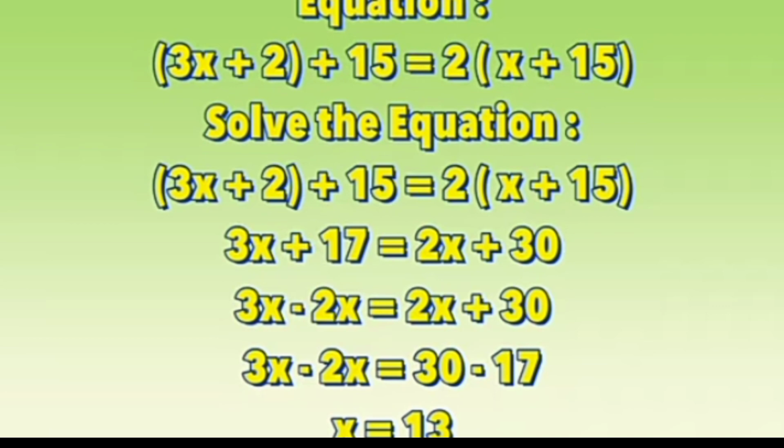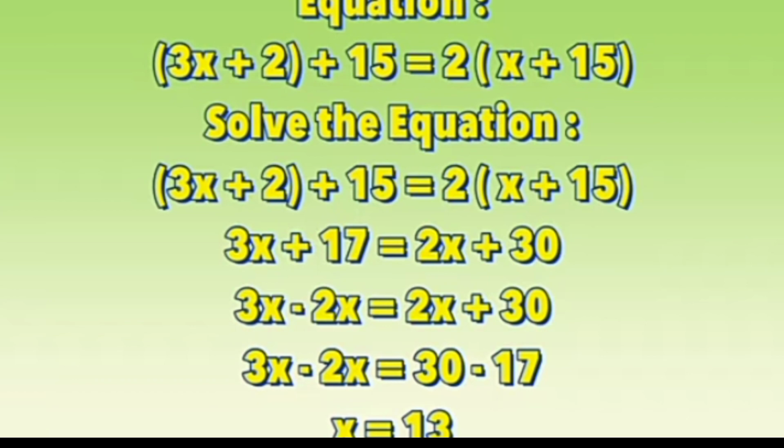After that, we're going to solve the equation. Our equation is 3X plus 2 plus 15 equals 2 times (X plus 15). Then we're going to simplify: 2 plus 15 equals 17.